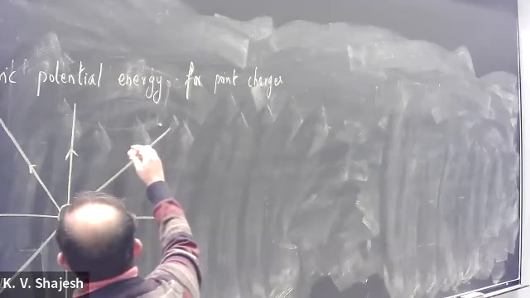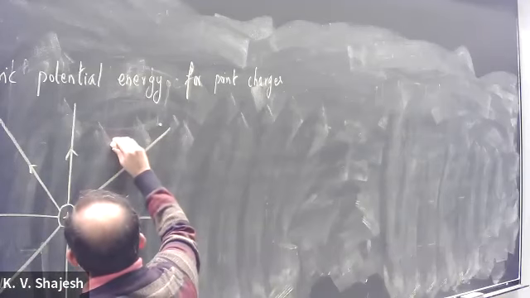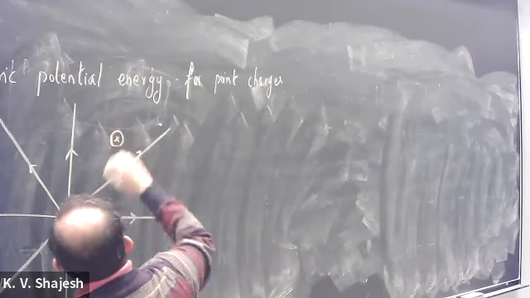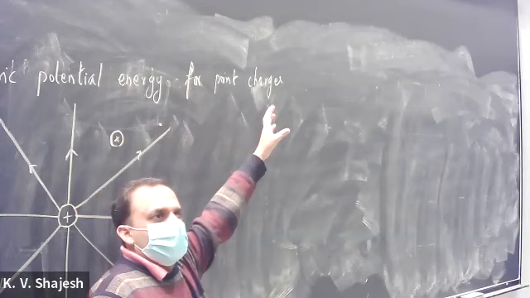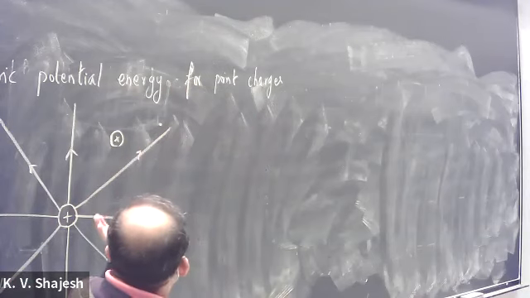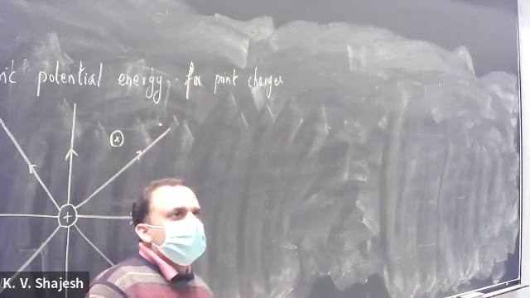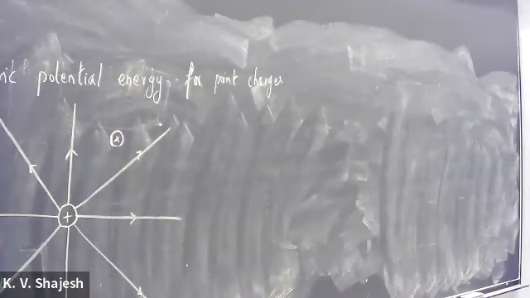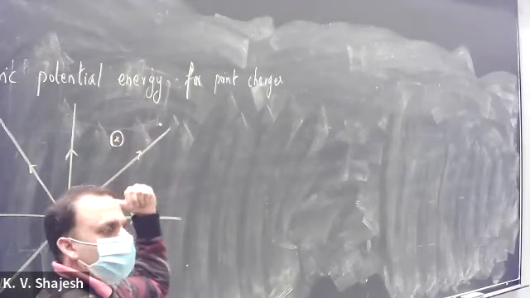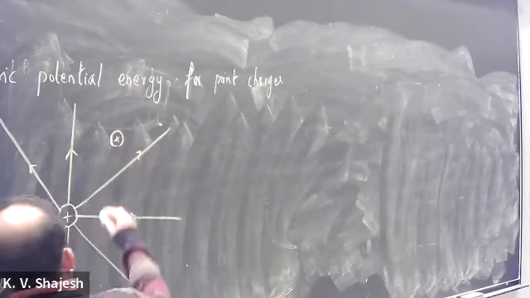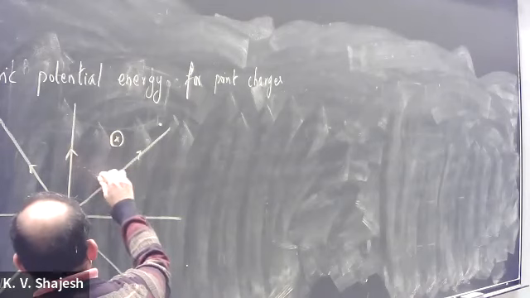Now if you have another positive charge here, it tends to go out, right? It tends to fall down in the direction of the electric field. Here, it tends to go in this direction. So that means the electric force will push it that way. Where is the potential energy high? Wherever the electric field originates. So if you're going in the opposite direction of the electric field, it will be high in potential energy, whenever it is closer.